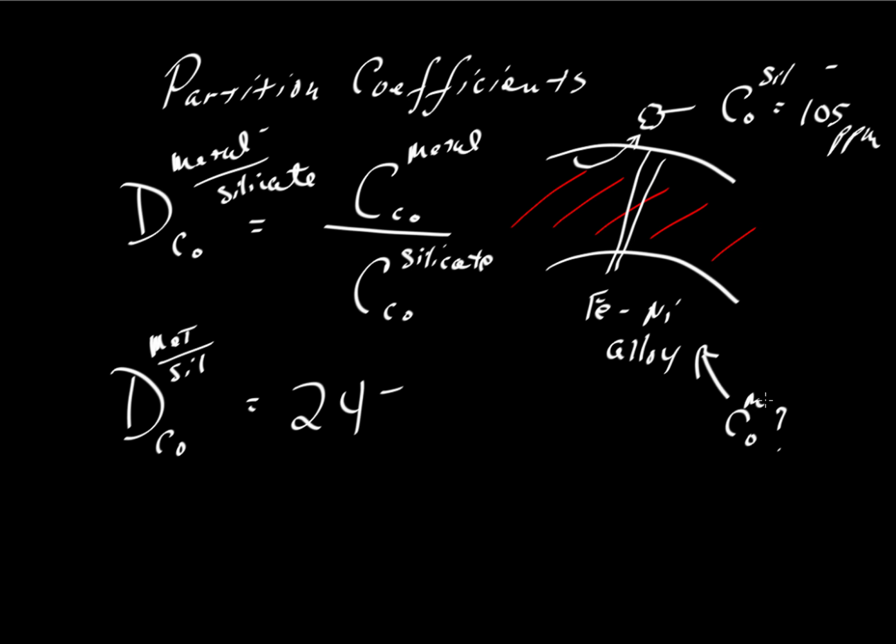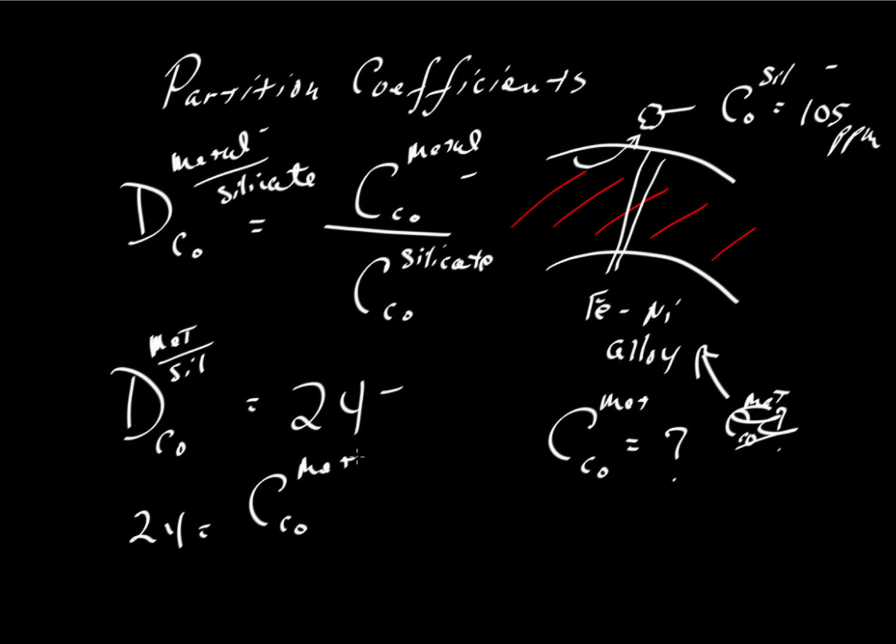So what would be the concentration of cobalt? Let's write that a little bit better. C subscript Co in the metallic core is equal to what? Well, it's going to be the top of the ratio. So this value of 24 here is equal to the concentration of cobalt in the metal phase divided by the concentration in the silicate.